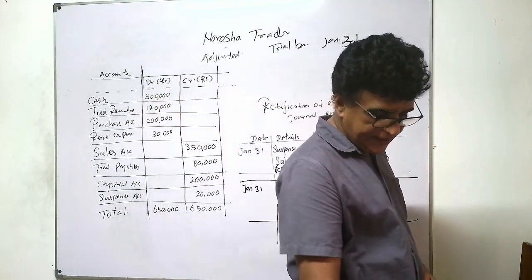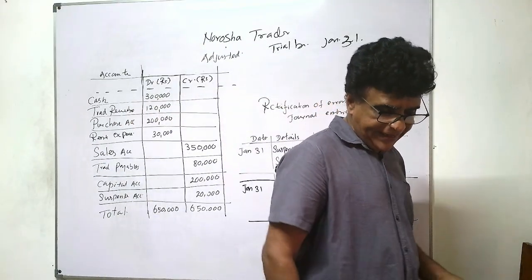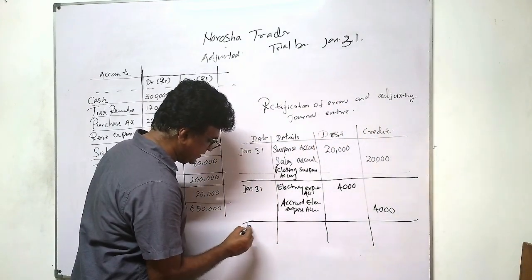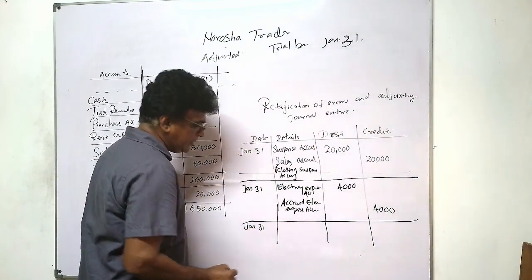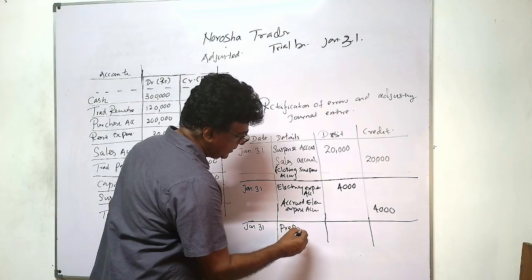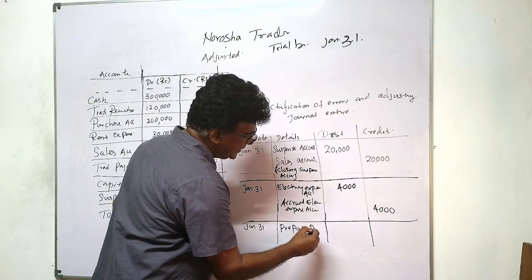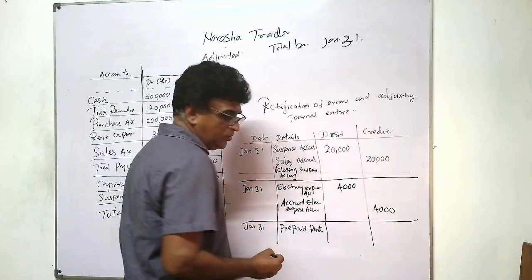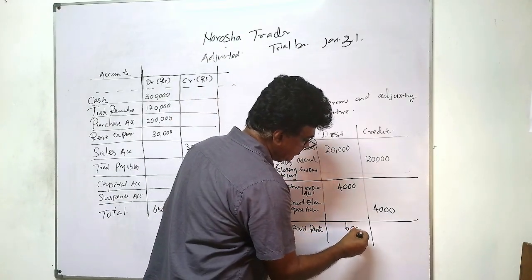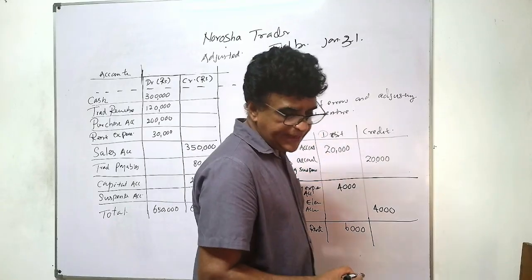Right? And rent prepaid, January 31st. Next is the prepaid rent account, that is debited by 6,000. Right?